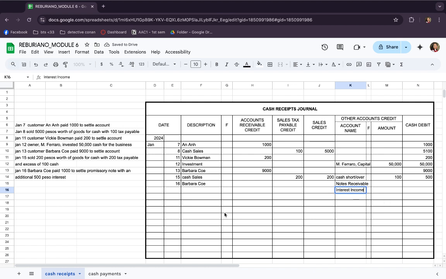Remember, all other transactions not available in these three, we put under other accounts credit. Therefore, notes receivable is how much? 1,000, because remember, there's a presence of a promissory note. And then there is interest of 500 pesos. So we can just put the cash in one space, one block, because we will add the debits. Therefore, the cash that we receive is 1,500.